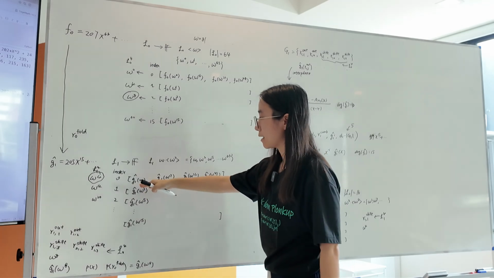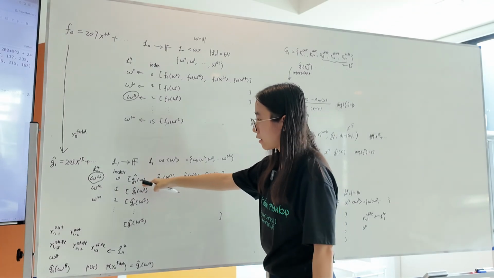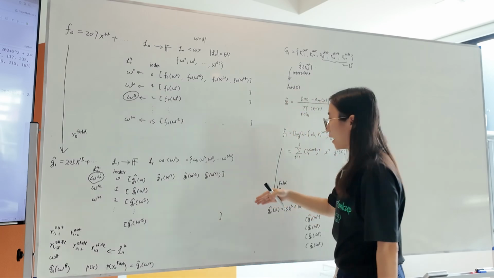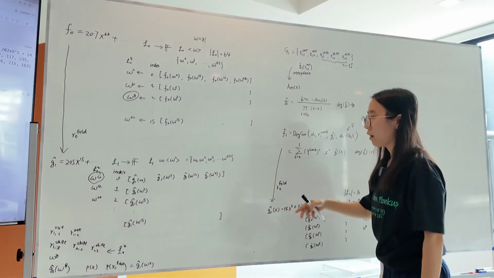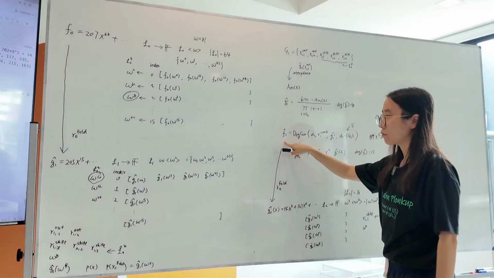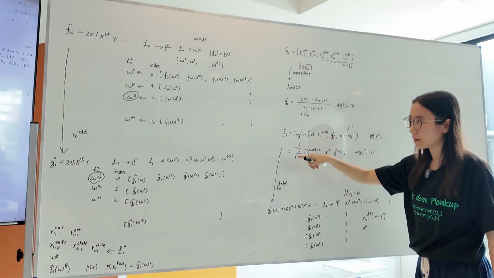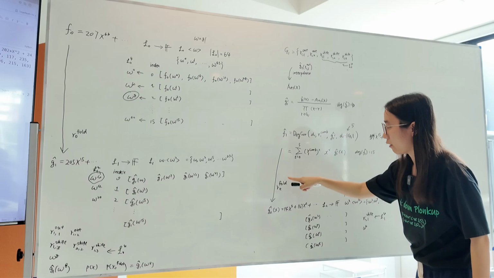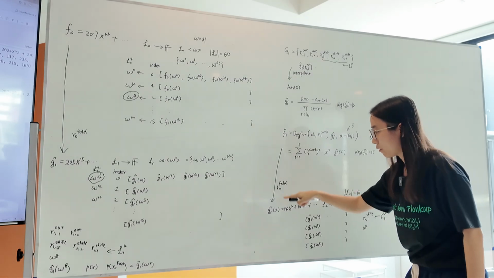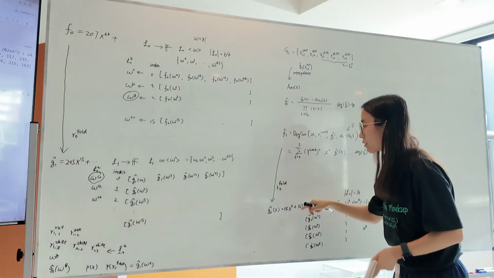verifier can only get the value of G1 hat, and he cannot directly get the value of F1 hat. We know that the verifier should check whether the fold is right or not.